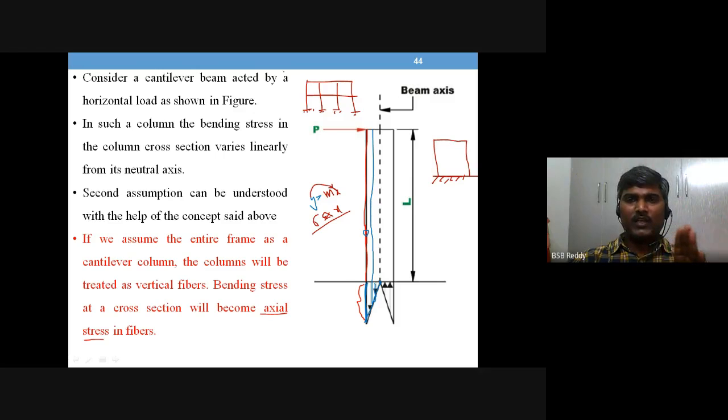So now this is a cantilever. All the loads that are acting on the frame, just apply those loads also on this cantilever.